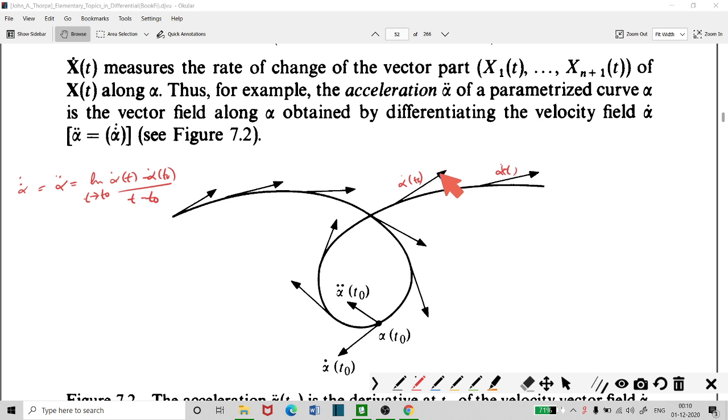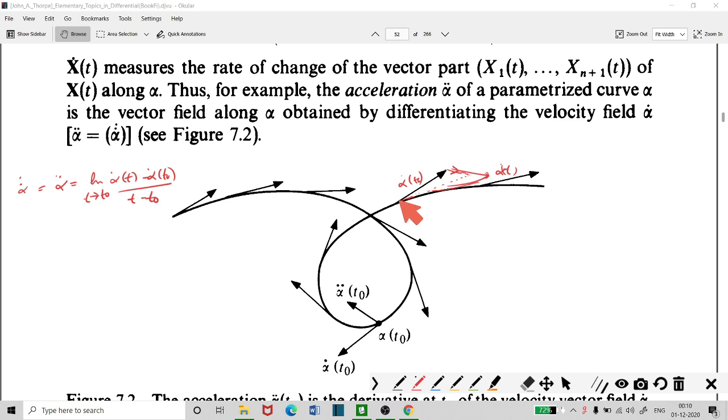You can consider the difference between these two. When you translate that vector to this side and consider the difference, this is alpha dot of t1, then this will give alpha dot t minus alpha dot t naught. Similarly, at each of these consecutive points, you consider the difference.